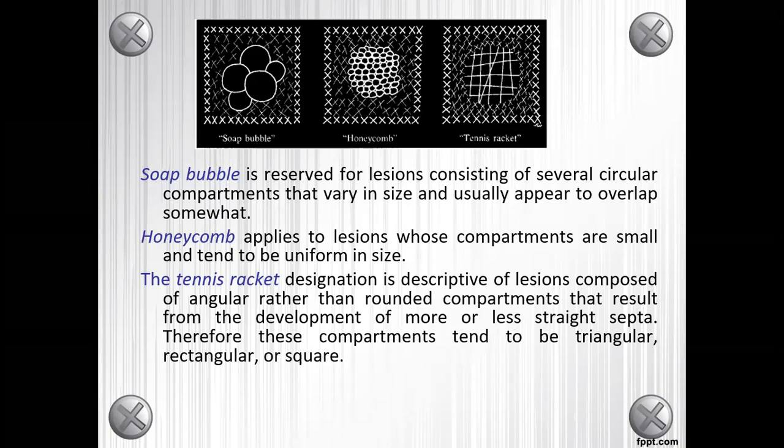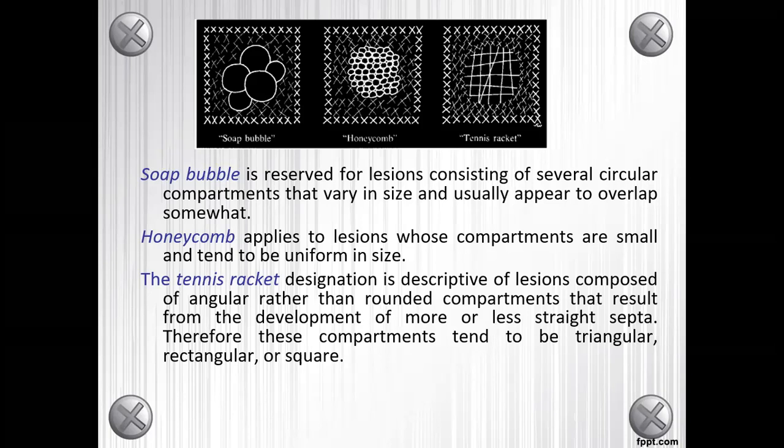Whereas in your tennis racket appearance, because your septa tend to adjust at a 90 degree or perpendicular angle, the compartments tend to be triangular, rectangular or square, more of your geometrical designs.